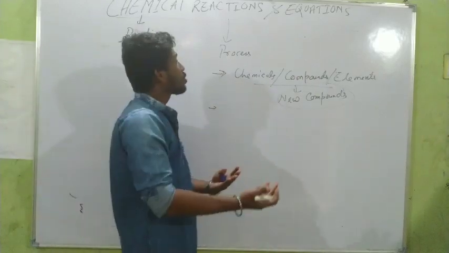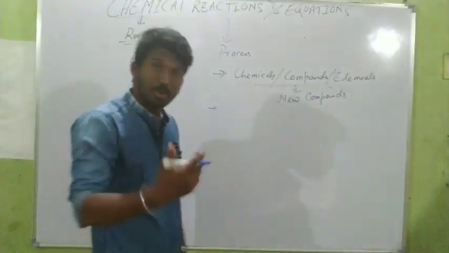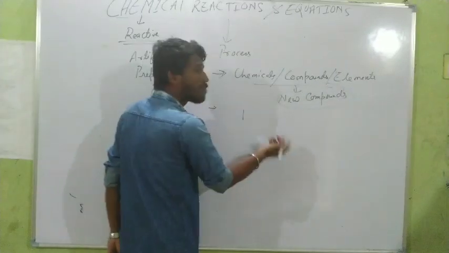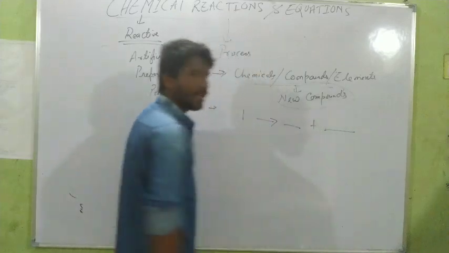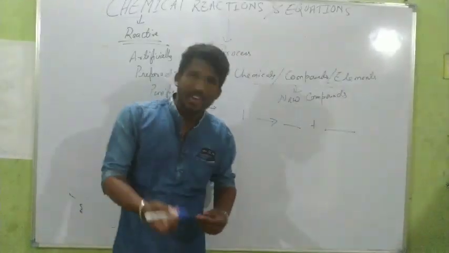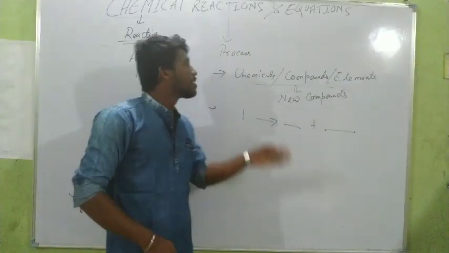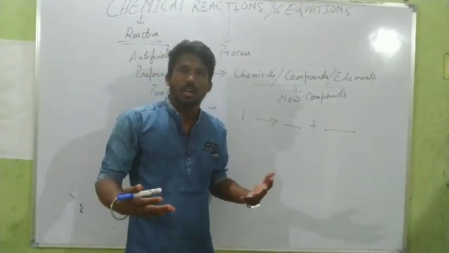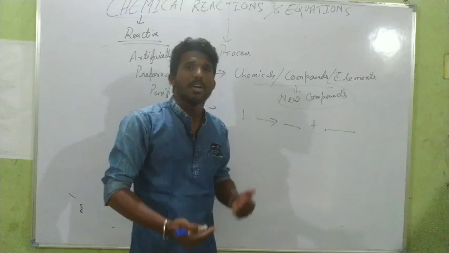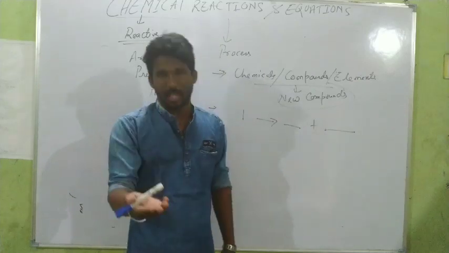Clear? We also say a chemical reaction is a process in which a single compound decomposes into many compounds. So basically, we define it as a process in which elements or compounds react with each other to form new compounds with new properties.